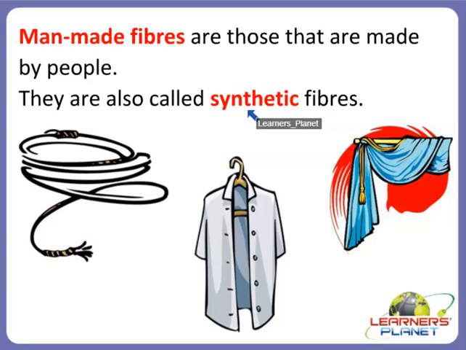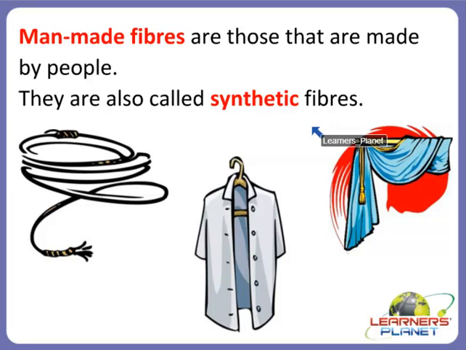They are called synthetic fibers because they are made by people. So they are also called as synthetic fibers. For example, nylon, rayon, terry cotton and polyester.